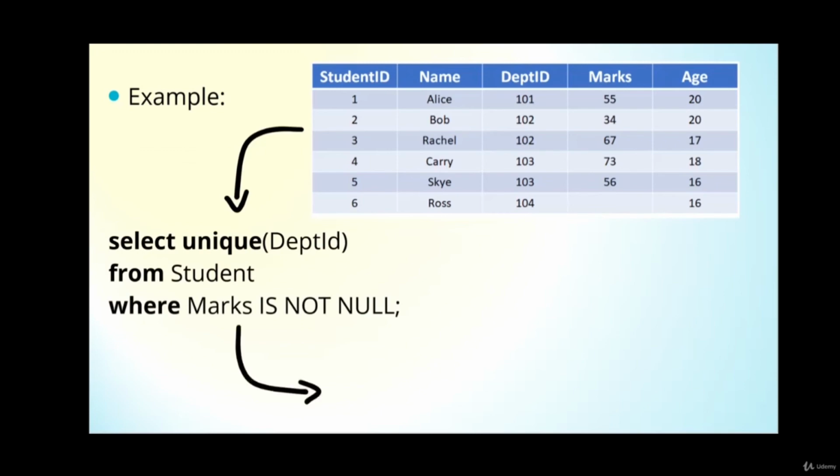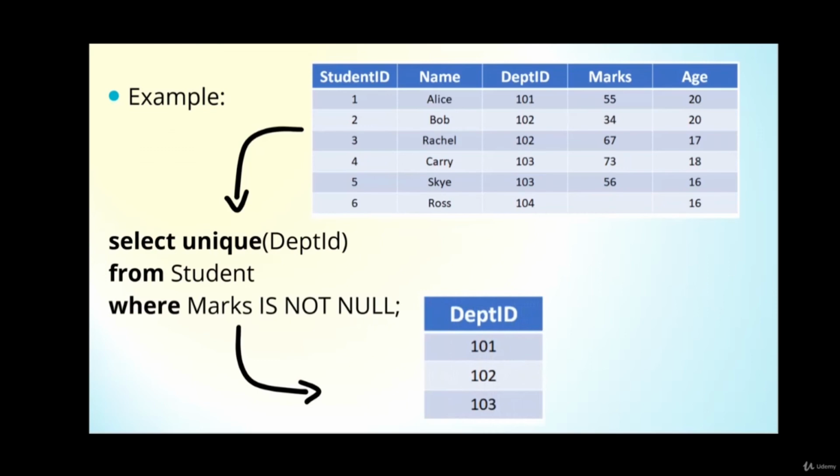And we are applying a condition as well that the marks should also not be null. In that case, we write the query as select unique department ID from student where marks is not null.